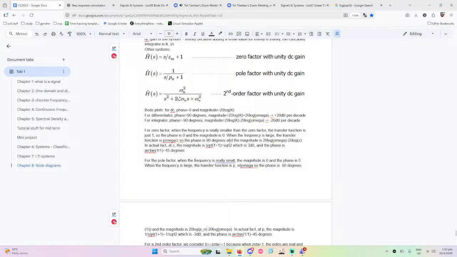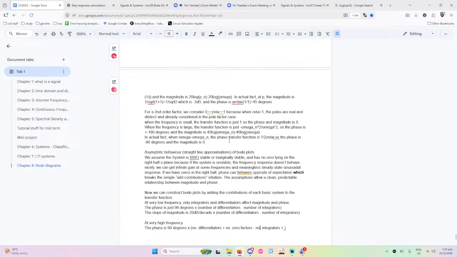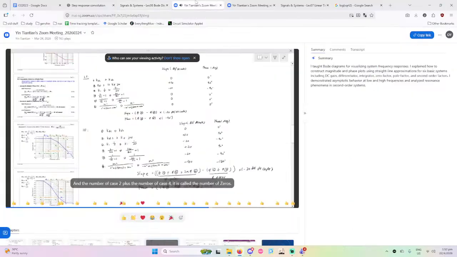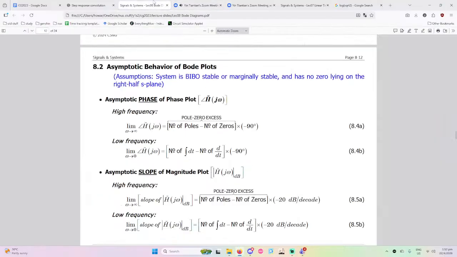In this case, the summation of case 3 plus case 5 plus 2 times case 6 is called the number of poles. And the number of case 2 plus the number of case 4 is called the number of zeros.